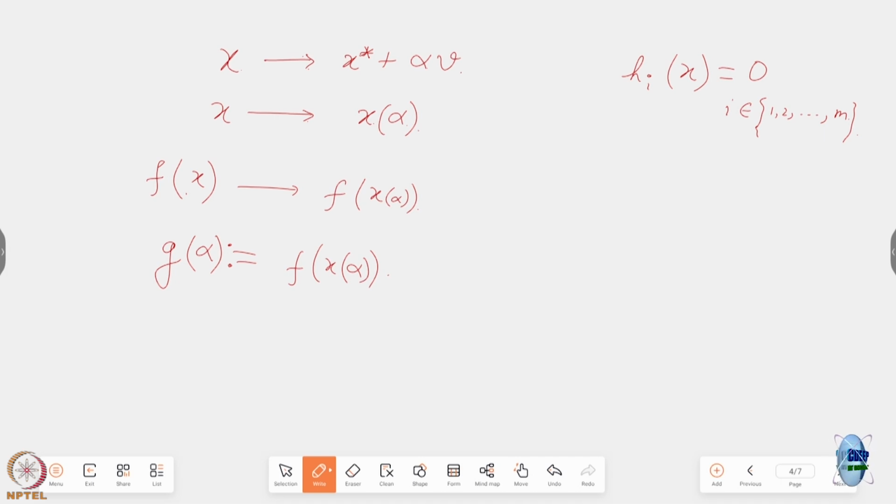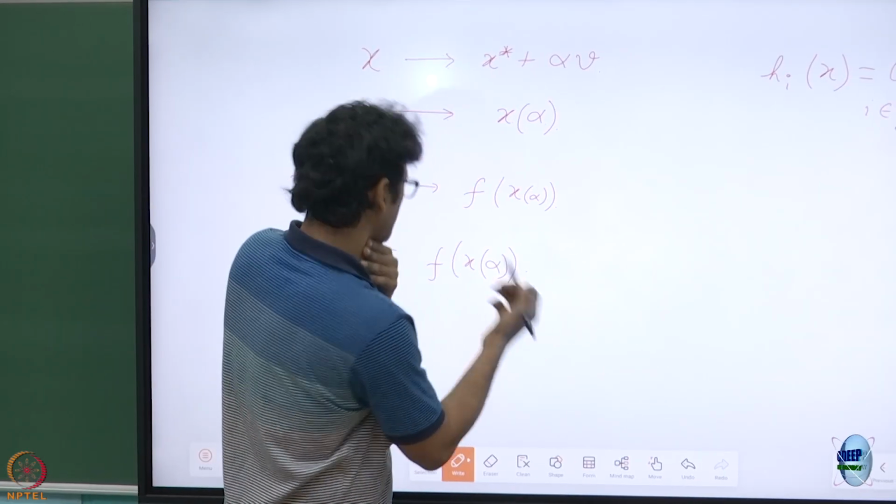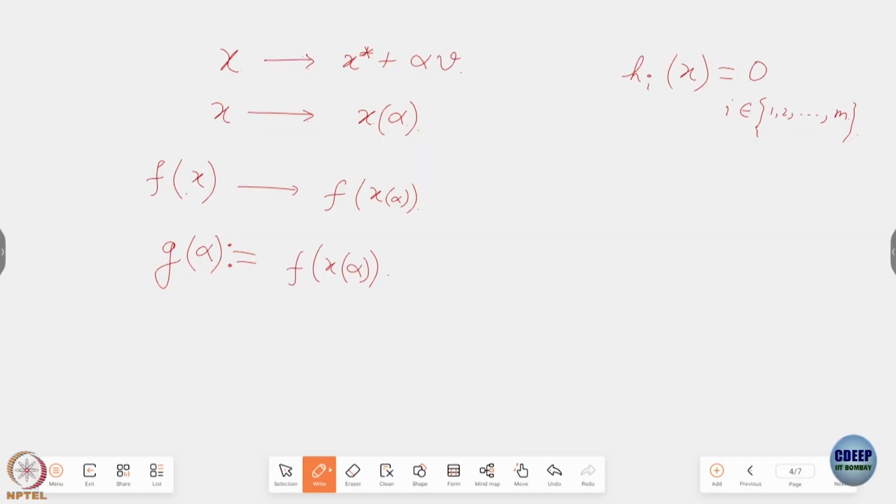What condition should you still satisfy? Of course, one of the things I need to mention here is that x at 0 is x star. Great, no? That's what would meet this as well. So as the parameter alpha is made 0, you are exactly at x star.